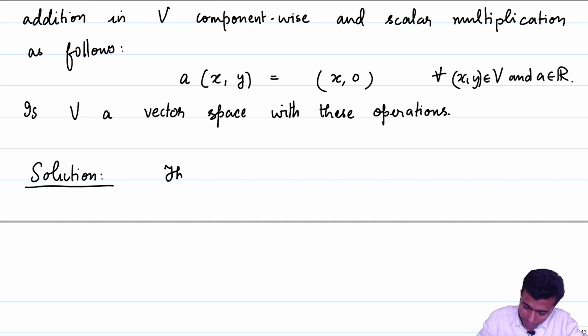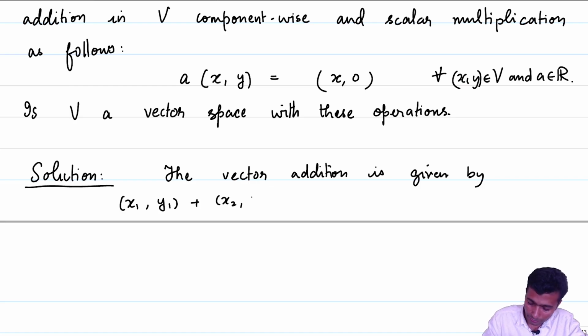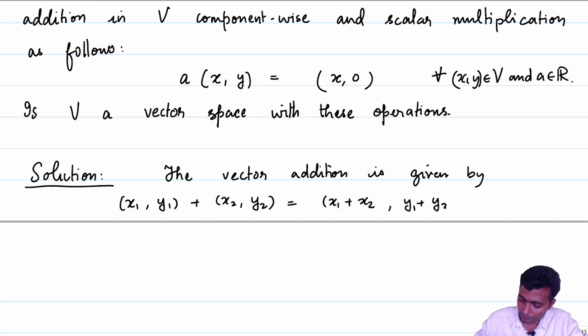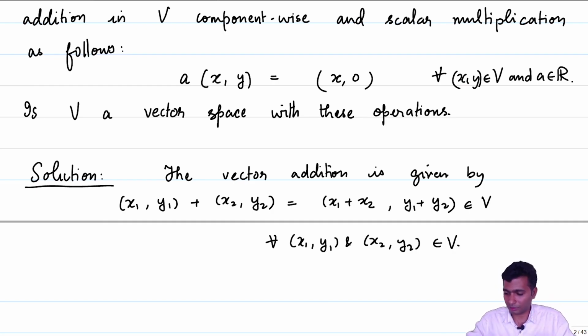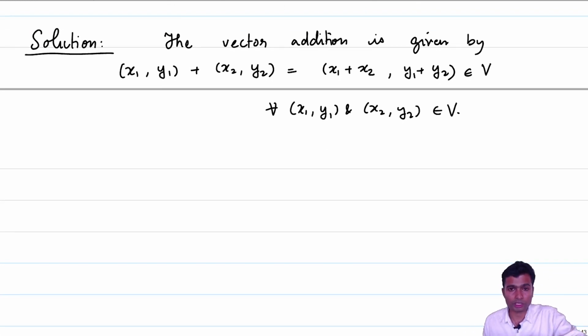So recall the vector addition, which is component wise, is given by x1, y1 plus x2, y2 is equal to x1 plus x2, y1 plus y2, which is an element in capital V for all x1, y1 and x2, y2 in capital V. This is something which we have already seen in the example where we checked that R2 is a vector space, because the vector addition in this problem is the same as the vector addition there. So yes, V is closed under vector addition.